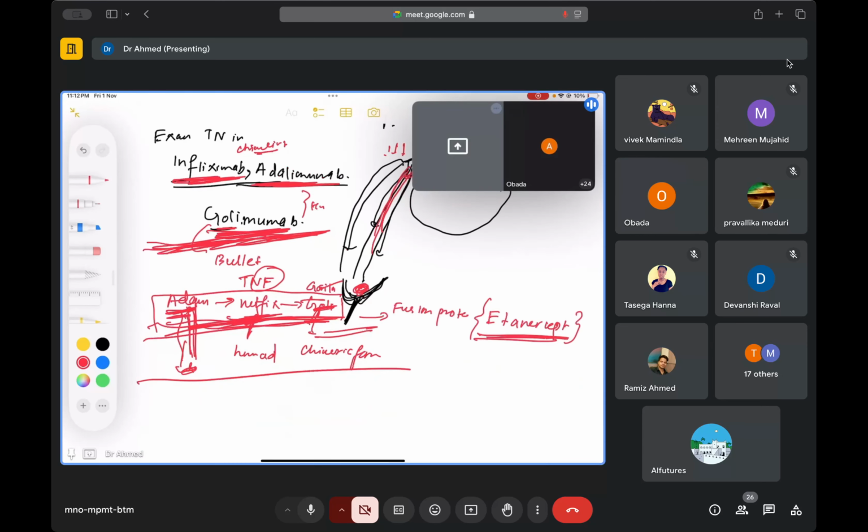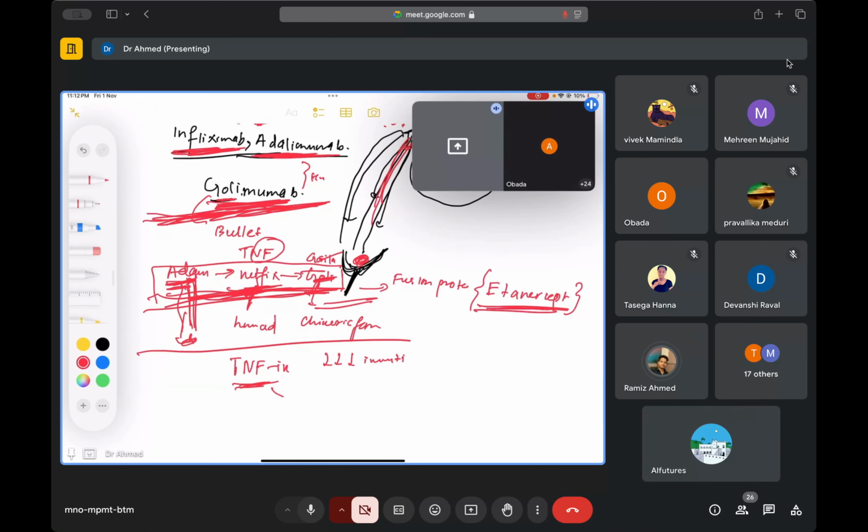So, for example, if you are giving a person TNF inhibitors, what would be the adverse effect? If I'm giving them TNF inhibitors, it means I'm decreasing the immunity, right? So it can reactivate some of the latent infections. Let's suppose TB.